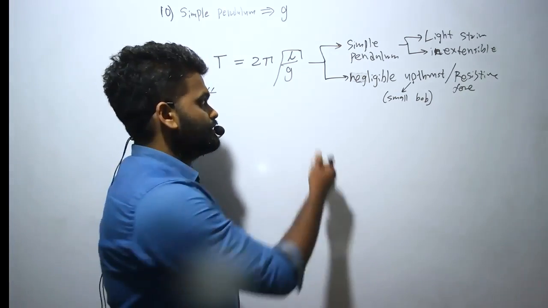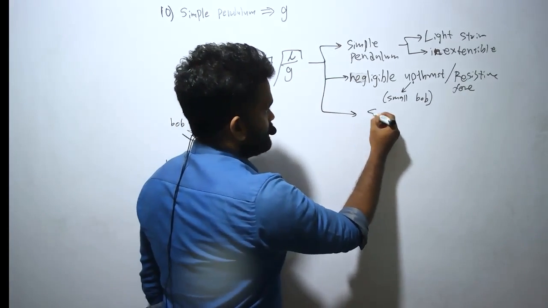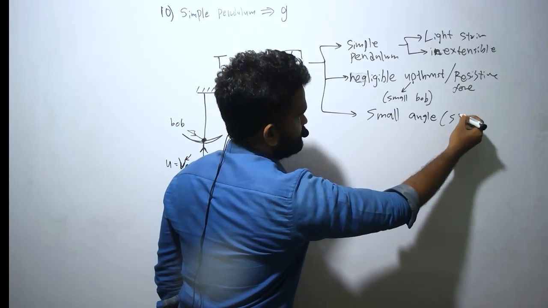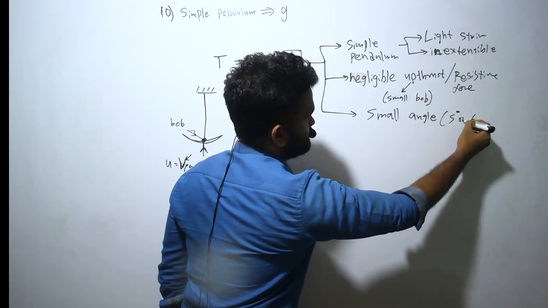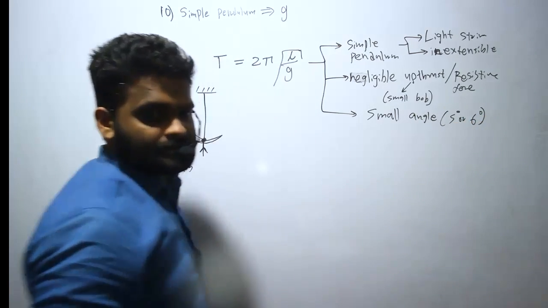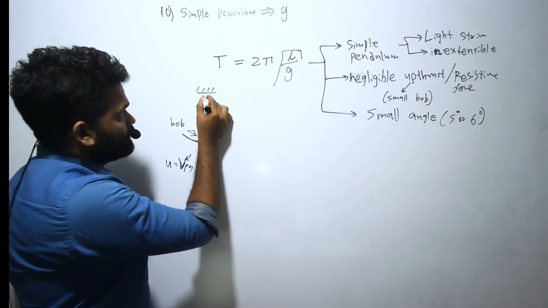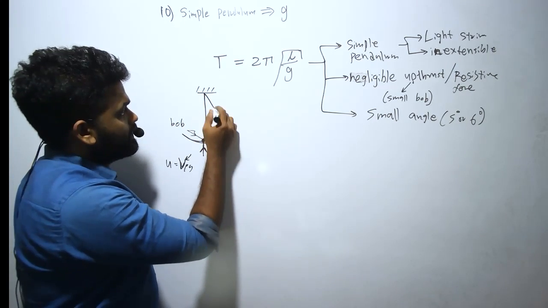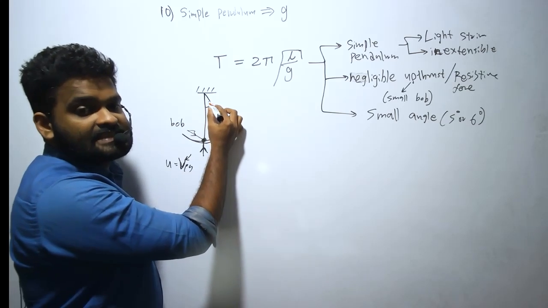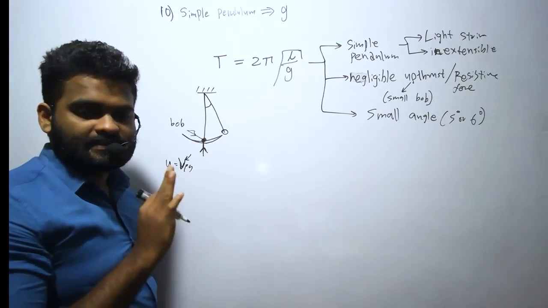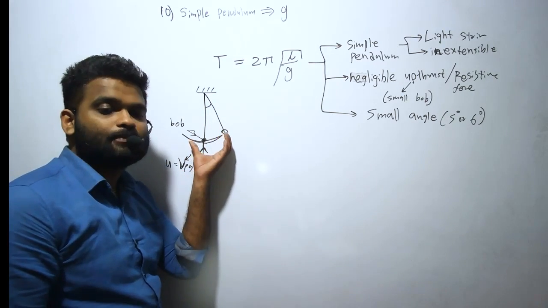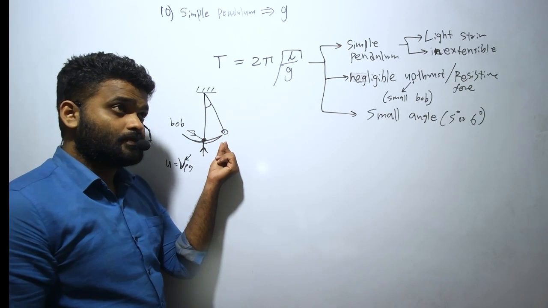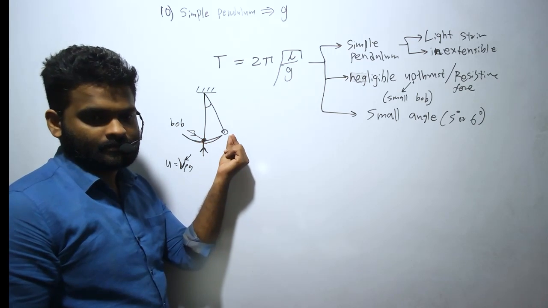Another thing, right? Small angle. This angle should be 5 degrees or 6 degrees. You know, when you drag this bob to one side, this angle cannot exceed 6 degrees. If you exceed 6 degrees, there's no simple harmonic motion here, right?